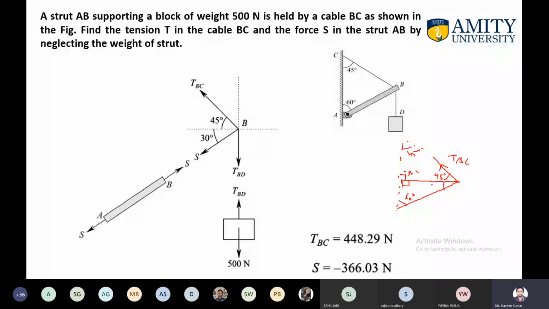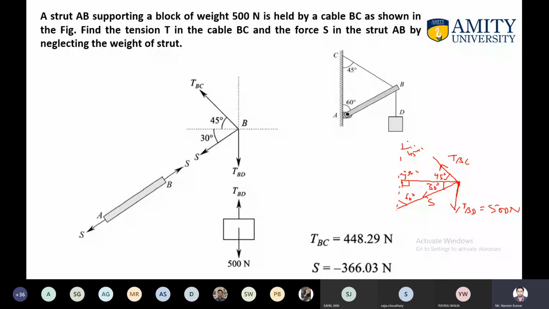This is 30 degrees. This is for the force S, this is for the force TBC, and this is for the force acting downward, that is TBD, whose value is given as 500 Newton.